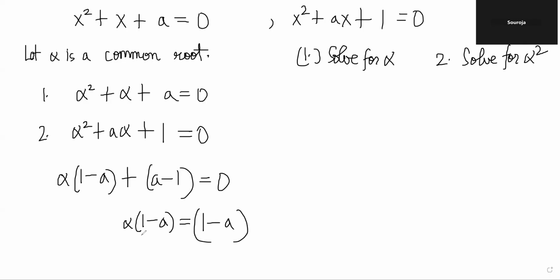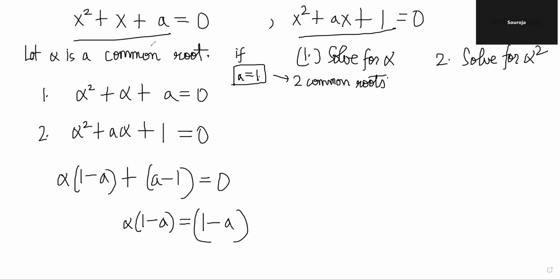So notice here, it could be that a is 1, right? If a is 1, both the equations are identical, so there will be two common roots. Actually, both the equations will become x square plus x plus 1, but x square plus x plus 1 has no real roots, because the discriminant for this is negative, correct?